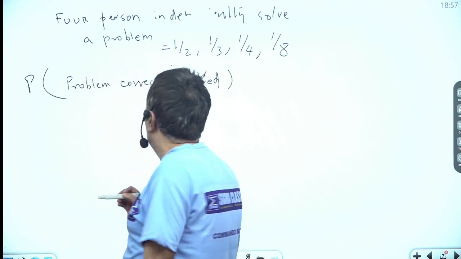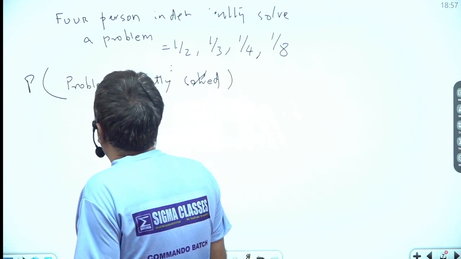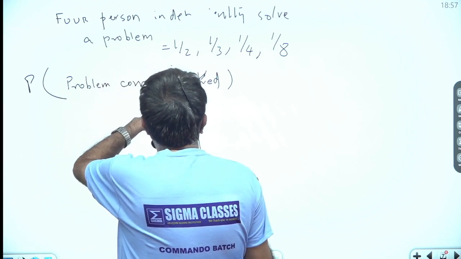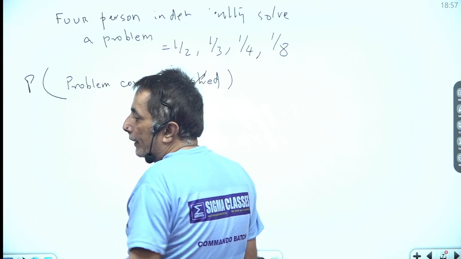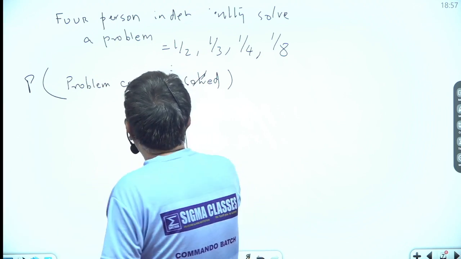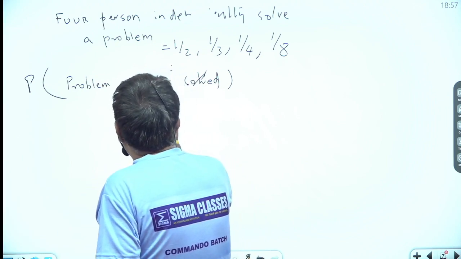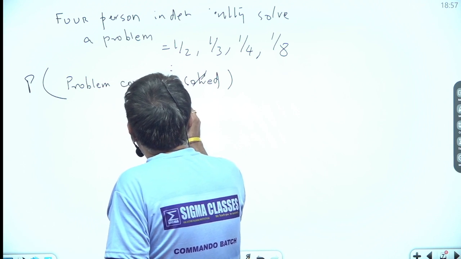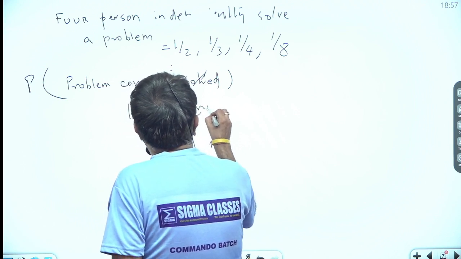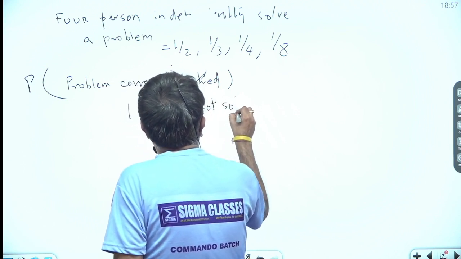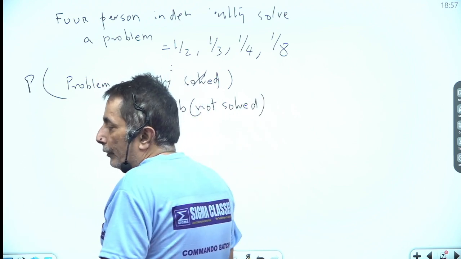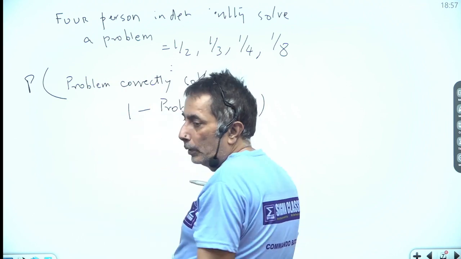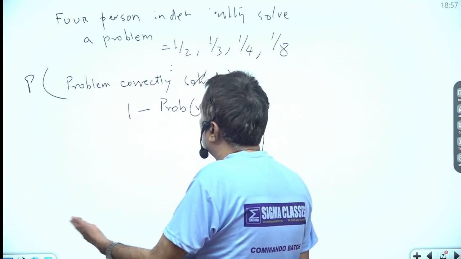Now, we know one option is you can calculate them independently, that A solves it, B does not solve it, or you simply calculate one probability: the problem is not solved. We know the probability of problem being solved and not being solved, the total is 1.